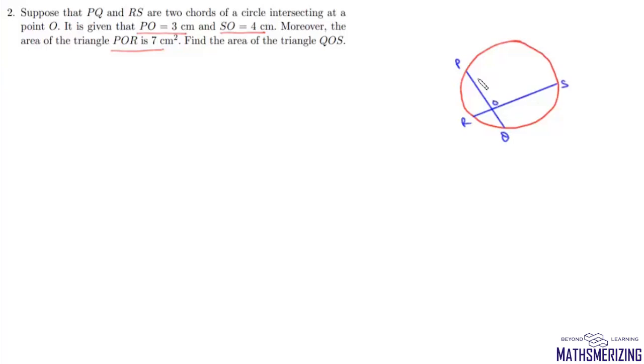It is given that PO is 3 and SO is 4, and we are also given that the area of this triangle POR is 7 cm². We need to find the area of triangle QOS.